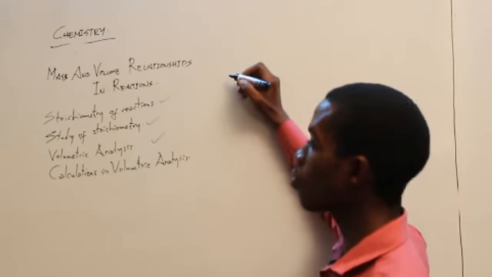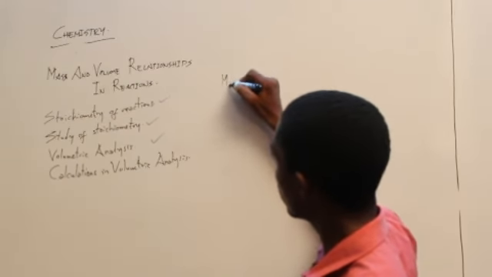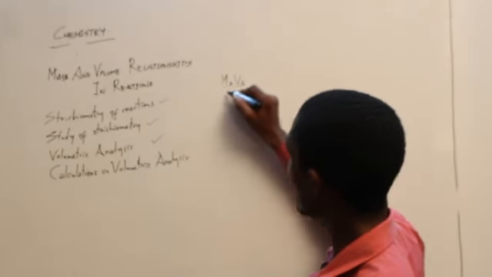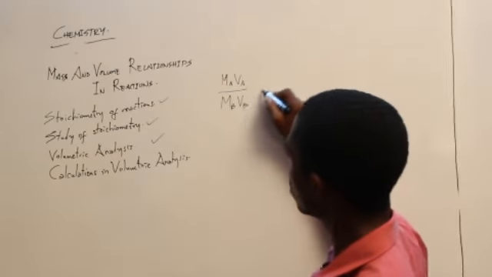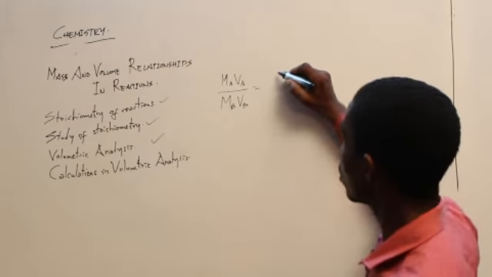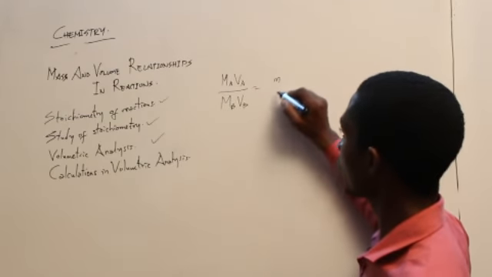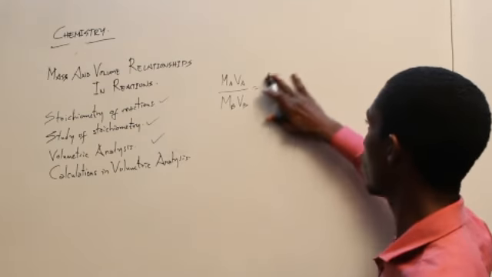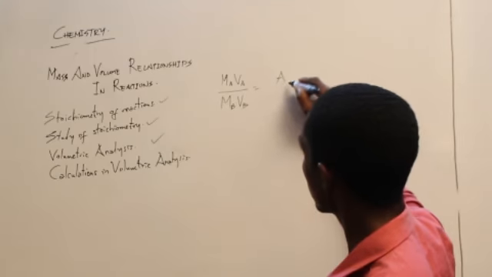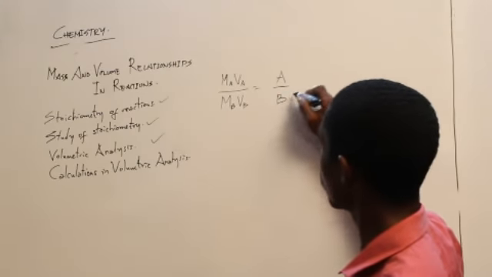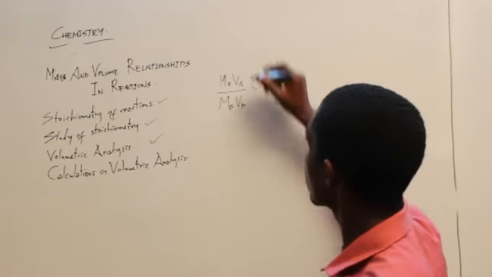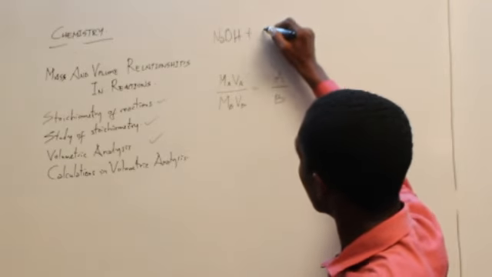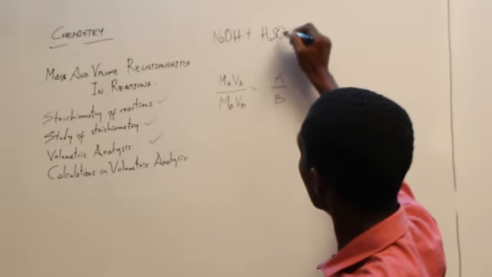The ultimate formula to work with is MAVA over MBVB equals the molarity, or the concentration, of A, that is the number of A, over that of B. So let's say we're working with sodium hydroxide plus H2SO4.